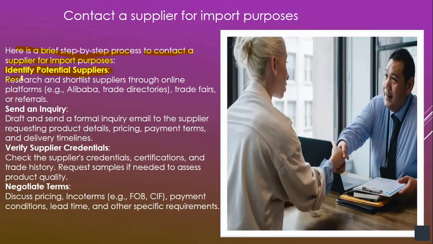They need to research and shortlist suppliers through online platforms like Alibaba and trade directories. You can check out if you need anything which is not available at domestic level and you want to buy overseas. So you can use trade directories and Alibaba sites, trade fairs and referrals. Okay, with the help of this you can find your supplier.